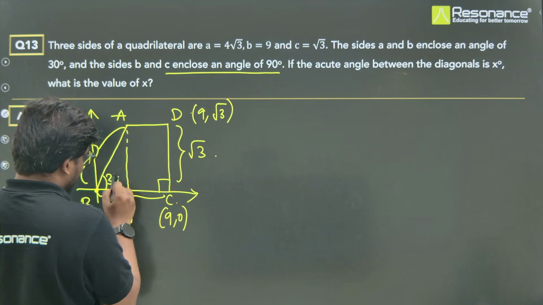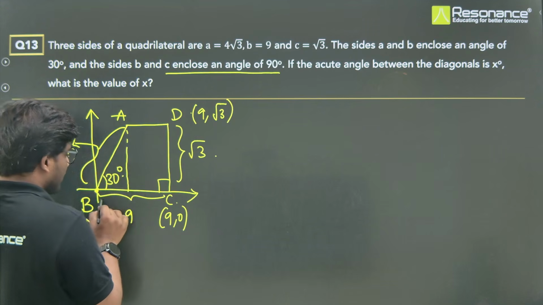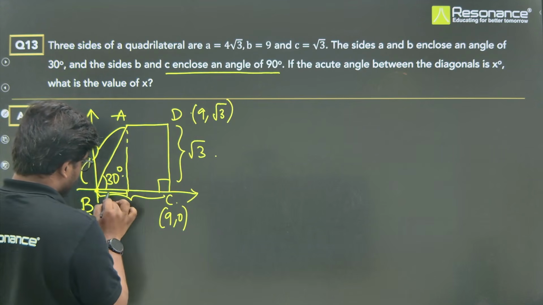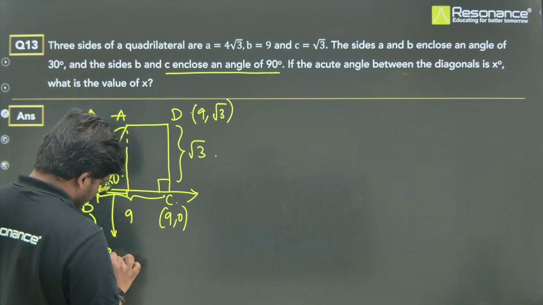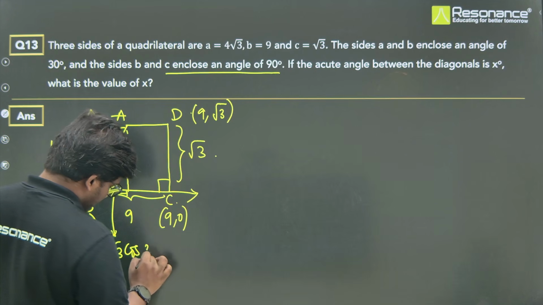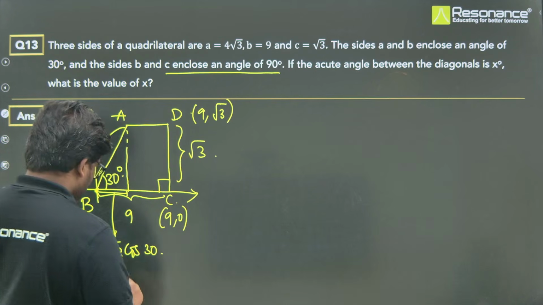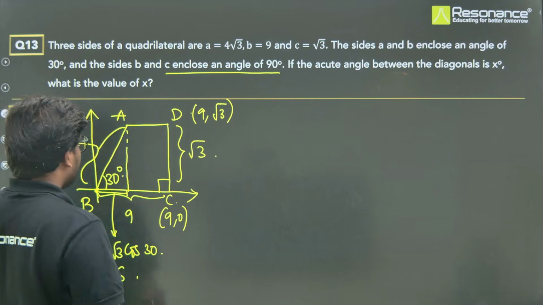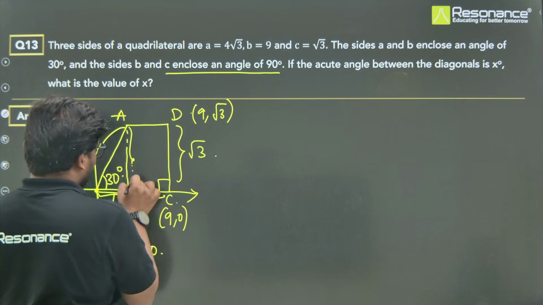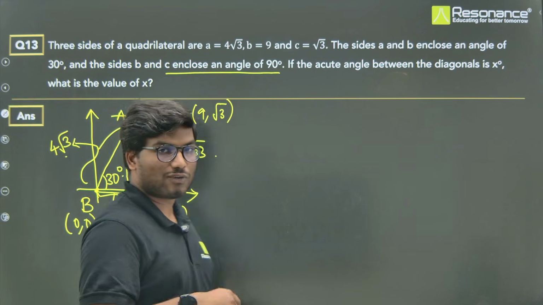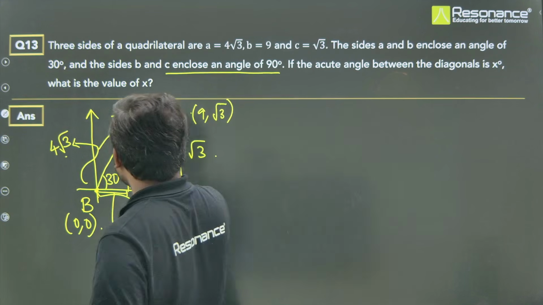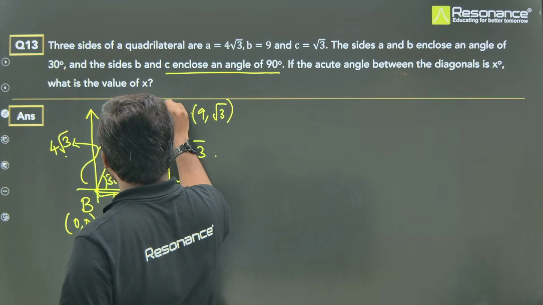Since this is 30 degrees, 4 root 3, so this shall be 4 root 3 cos 30, which is 4 root 3 into root 3 by 2, so obviously 6, and this would be 4 root 3 sin 30, 4 root 3 by 2, which is 2 root 3. So A would be 6 comma 2 root 3.